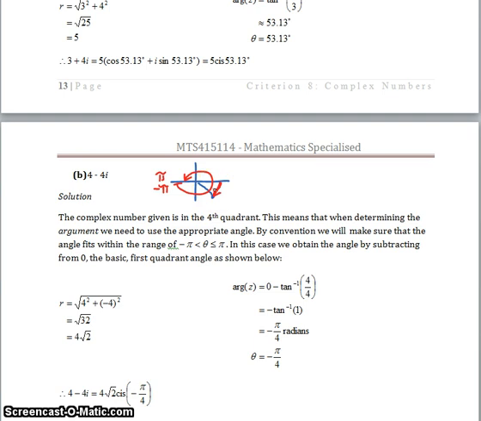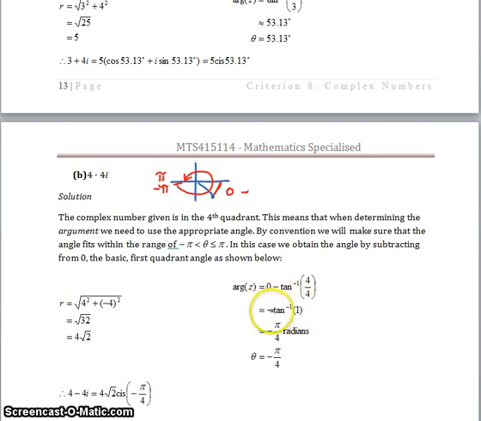So we just need to think that is 0 minus the basic angle. We do that in this way. That's why we're just going to ignore our negative that we've got here. So we write it as 0 minus arctan of 4 over 4, which is 1.